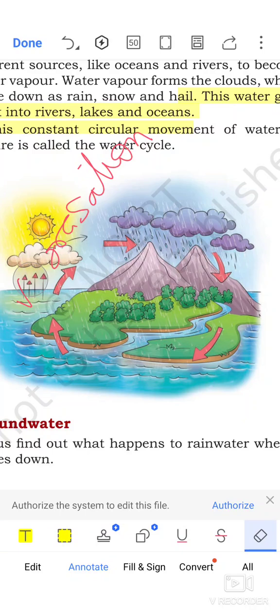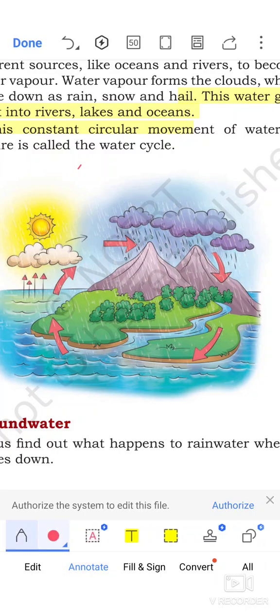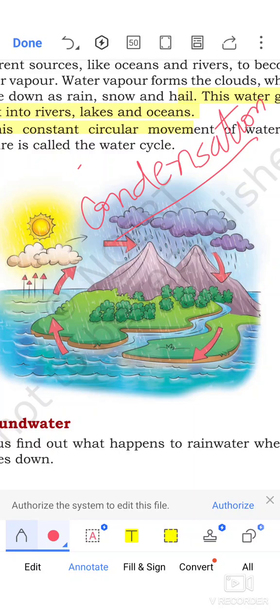This is where the clouds of water form. Then that is condensation. This is called condensation. The water droplets or that vapor get converted into clouds or condense. It is known as condensation.